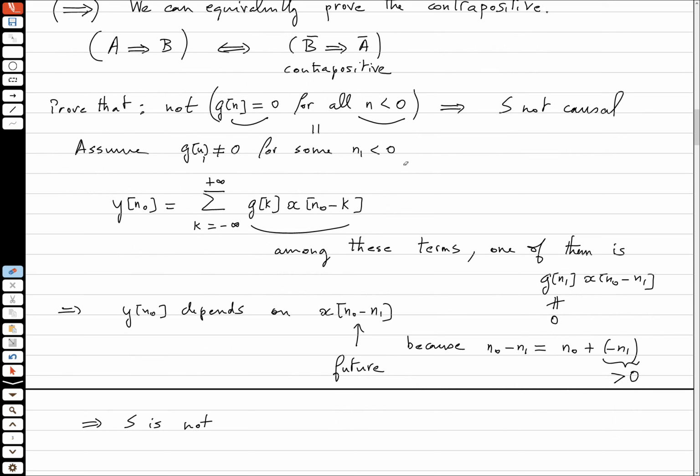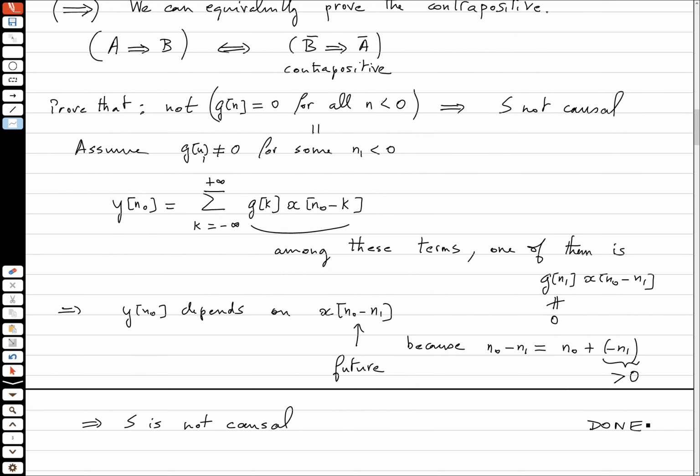We assume this because we assume the contrapositive. We assume not this. I'm done with the proof.